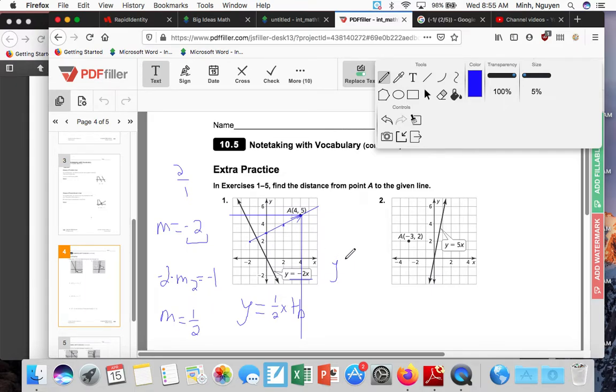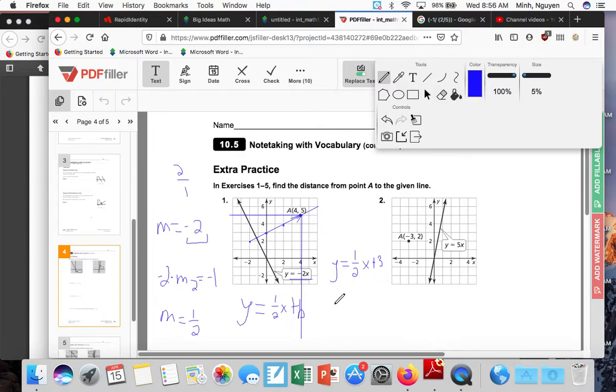So I could say y equals 1/2 x plus 3. But I know it has to connect with this line, which is -2x. If they're intersecting at the same spot, then they're equal to each other.